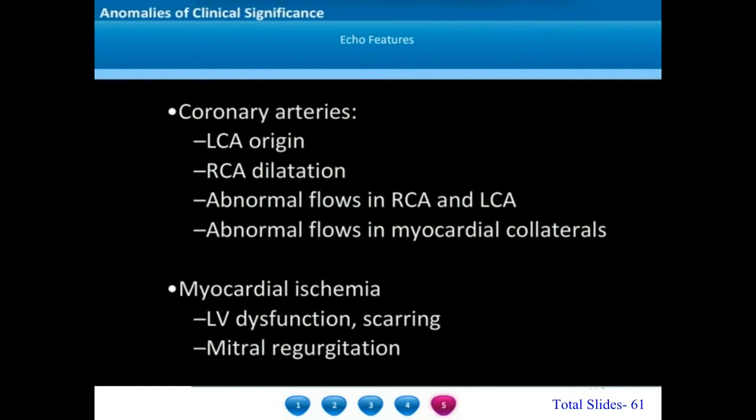We also will be seeing the features of ALCAPA on the left ventricle, like left ventricular systolic dysfunction, left ventricle and papillary muscle scarring. We will also be seeing the effect on the mitral valve, which classically presents as mitral regurgitation.